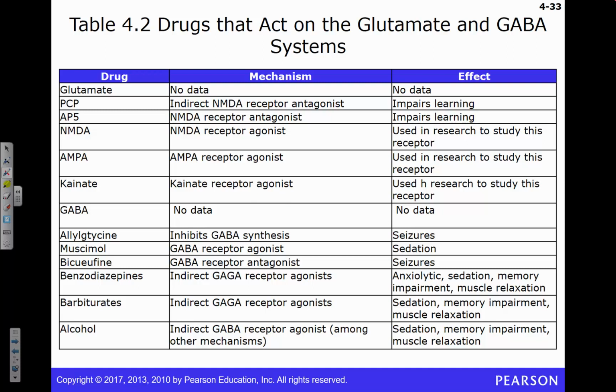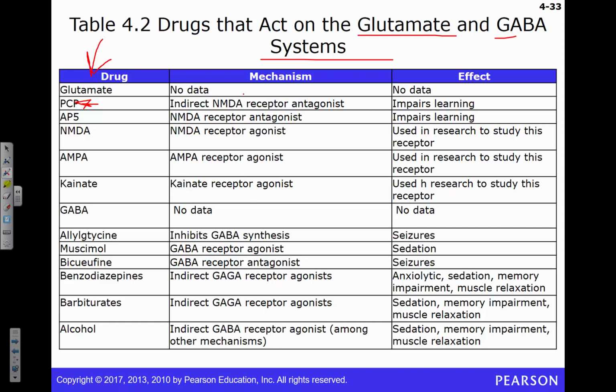This is kind of cool. These are drugs that seem to act on glutamate and GABA systems. It'll tell you the drug over here, and then how it works, whether it's an agonist, antagonist, whatever. Here's an interesting one. How many of you have heard of PCP? I saw a few hands go up.